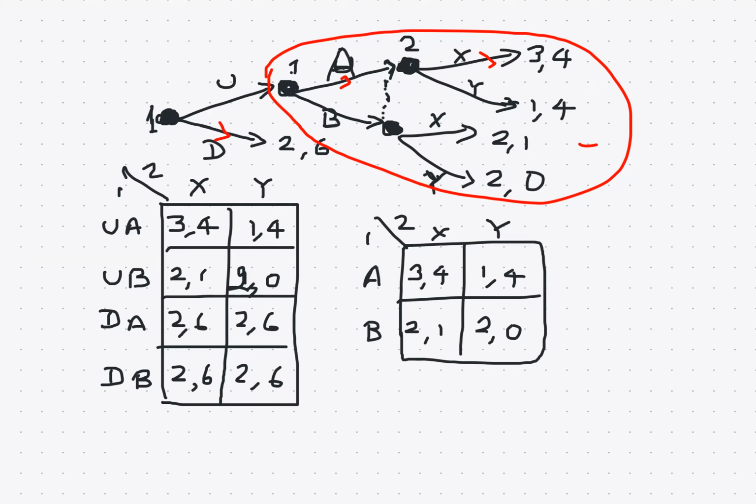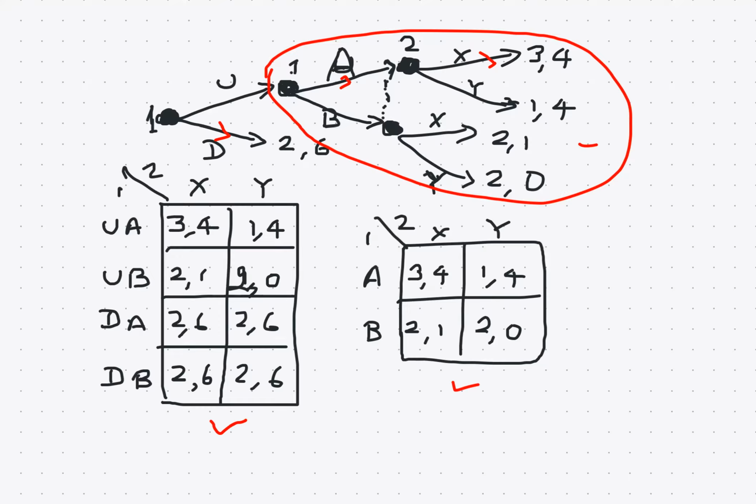So let's continue with this game, and you will notice that there are two normal form games that I have drawn here. This one represents the whole game, and this one is the proper subgame, right? So we converted this extensive form game into normal form games.